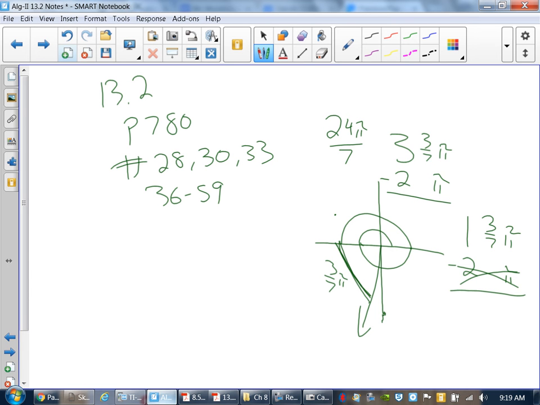If I come around, here's 1 pi, 3/7, that's 1 and 3/7. Here it's 3/7, it'd be 1 pi minus 3/7. So obviously you have to come back. If I come up to 1 pi, that's 7 pi over 7. Are we okay with that? 1 pi, if I'm going the other direction, would be negative 7 over 7. But to wind up here, I had to move backwards how much? 3/7.